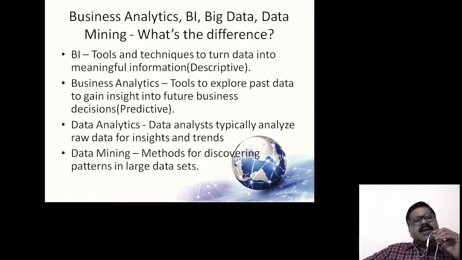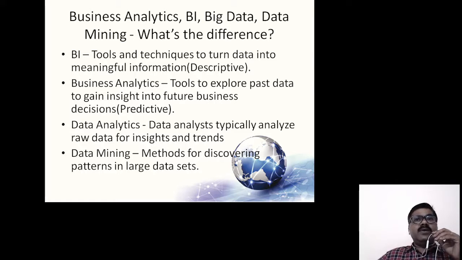So business analytics, business intelligence, big data, data mining. What is the exact difference actually? To start with, business intelligence. Business intelligence are tools and techniques which turn the data into meaningful information.